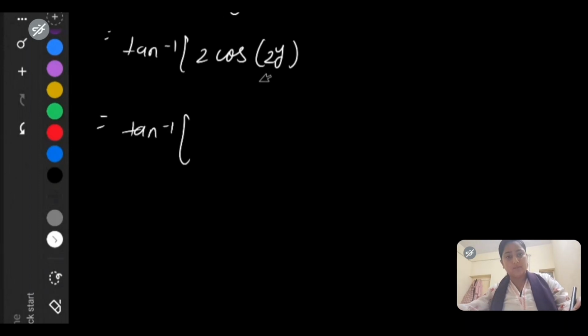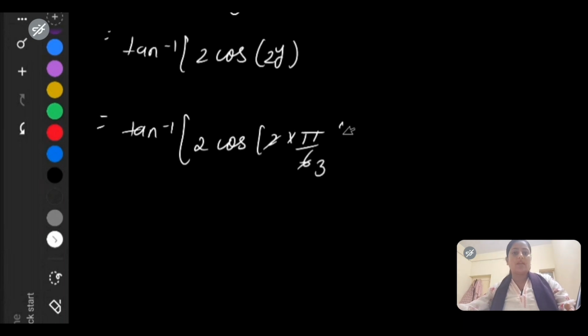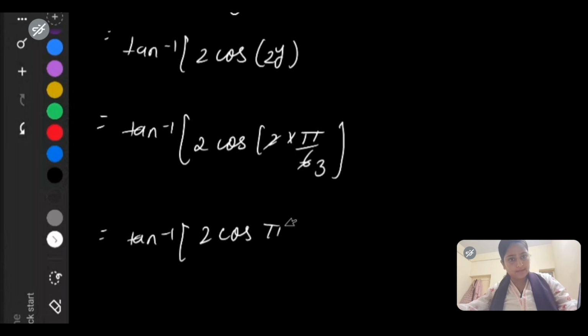We took y as pi by 6, so 2 cos of 2 into pi by 6. We'll cut here, we will get pi by 3. Tan inverse 2 cos pi by 3.